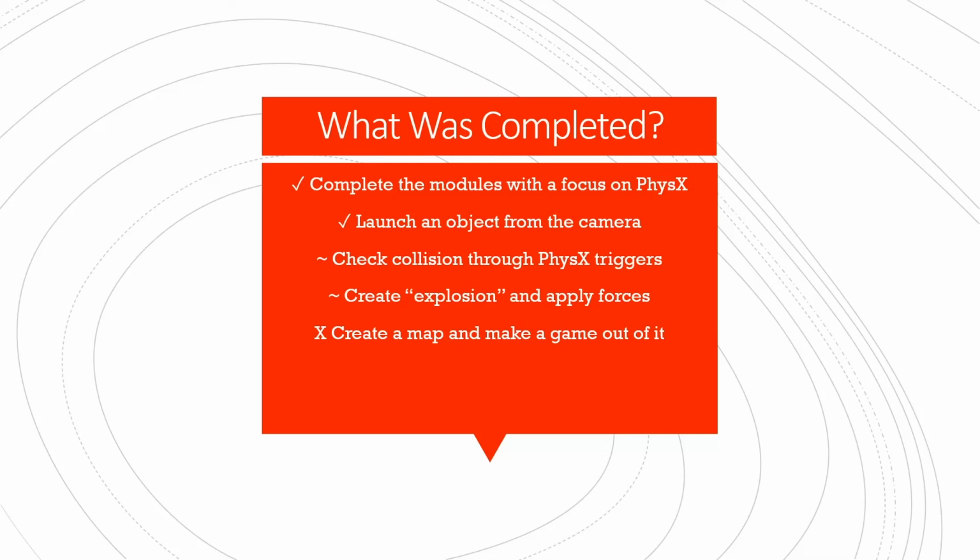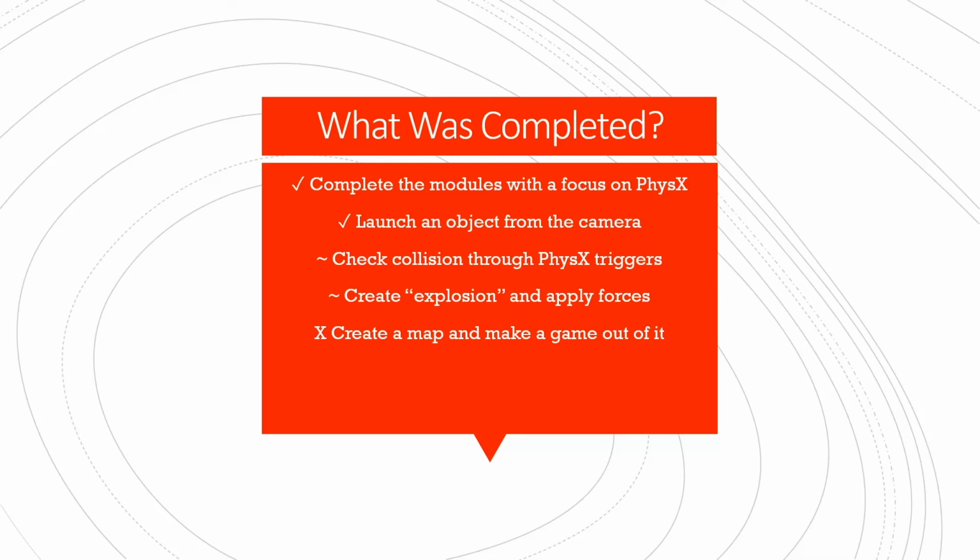Well, I completed all the modules, and as soon as I was able to finish the physics module I started focusing on learning PhysX. I was able to launch an object out from the camera, which we'll see later on in the demo. I was able to start implementing PhysX triggers.